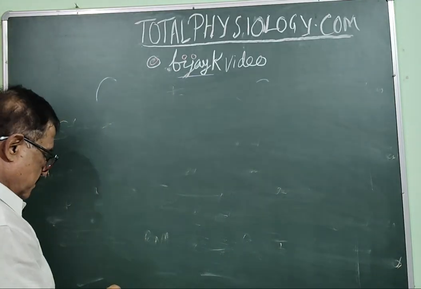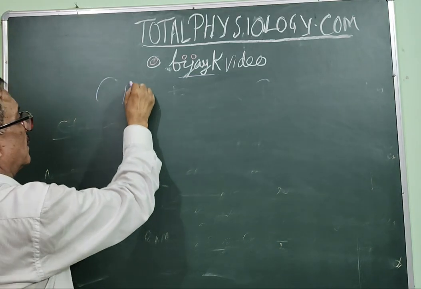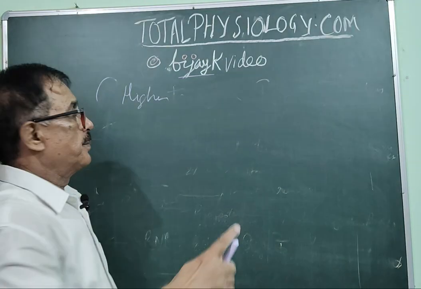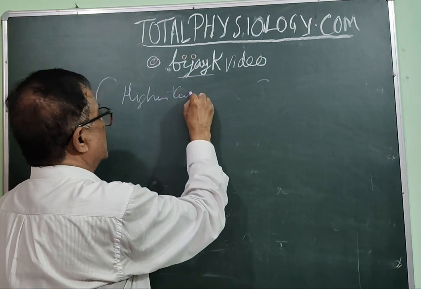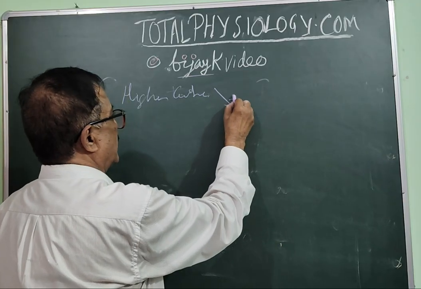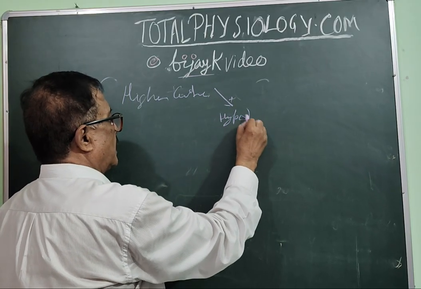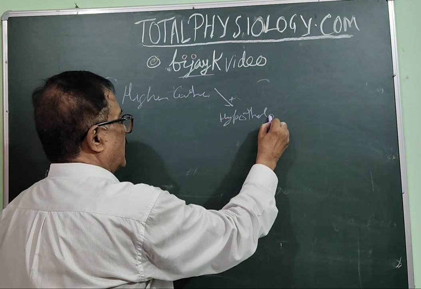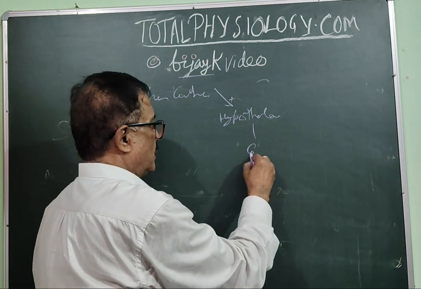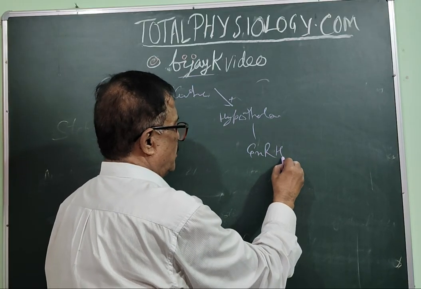Higher centers of the brain will stimulate the hypothalamus, and the hypothalamus will release gonadotropin releasing hormone.